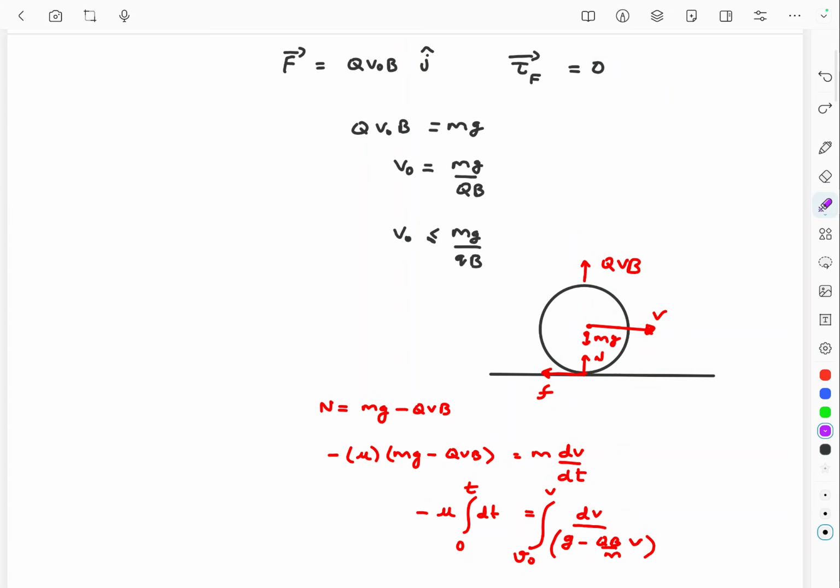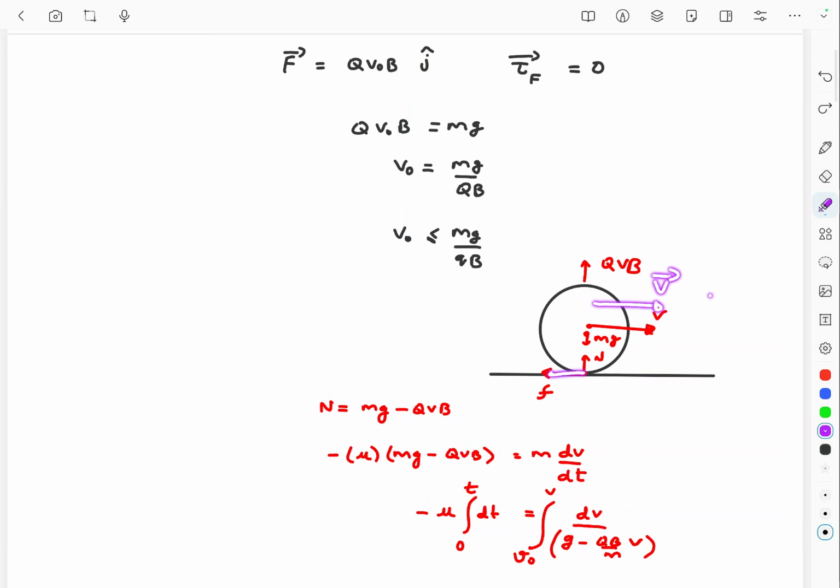Because it's kinetic in nature, we are talking about the start, before pure rolling is achieved, so of course friction will be kinetic. So we can write it as mu times the normal reaction. Normal reaction is mg minus qvb, and for friction we'll put a negative sign here because we are taking the direction of v vector to the right.